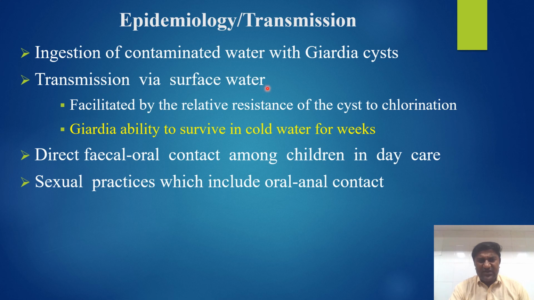Transmission via surface water is facilitated by the relative resistance of the cyst to chlorination and Giardia's ability to survive in cold water for weeks. Transmission also occurs by direct fecal-oral contact among children in daycare, and sexual practices which include oral-anal contact.